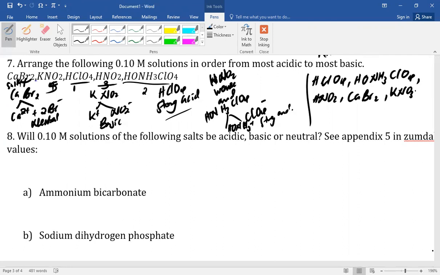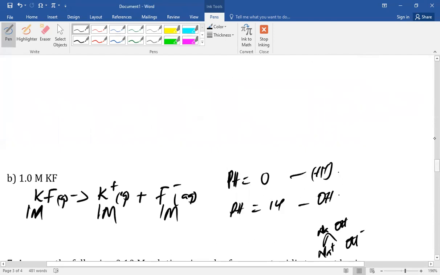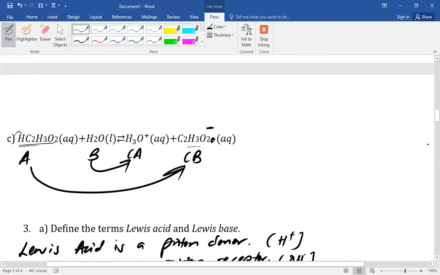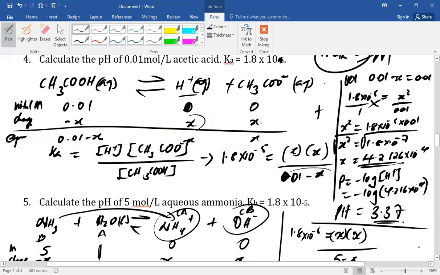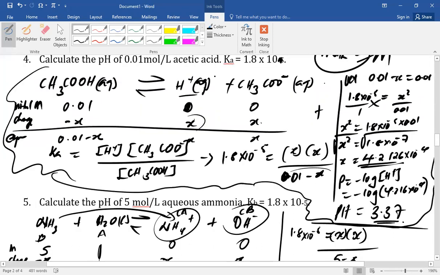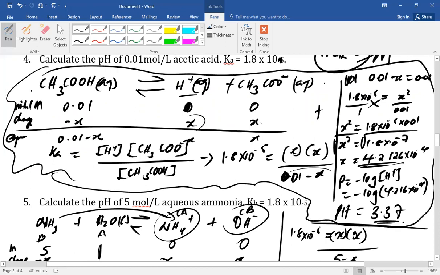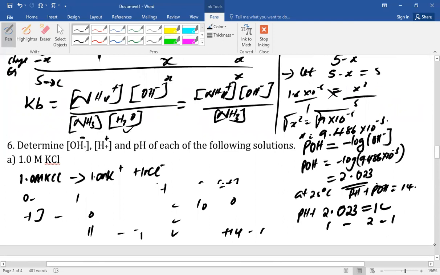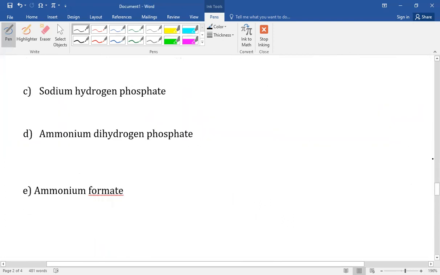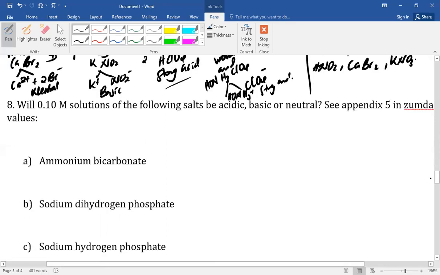When you go to Appendix 5 in Zumdahl, get the Ka or Kb values, and then apply what we did here to get answers to that particular question. If you find them, you can send me a picture, and I can come up with answers for you.